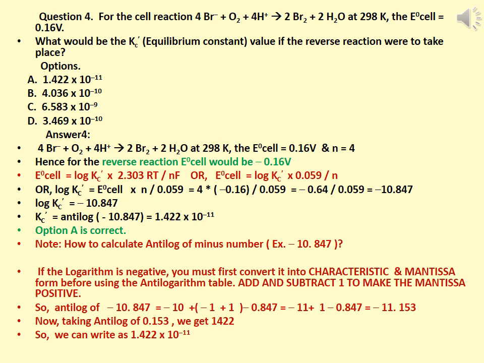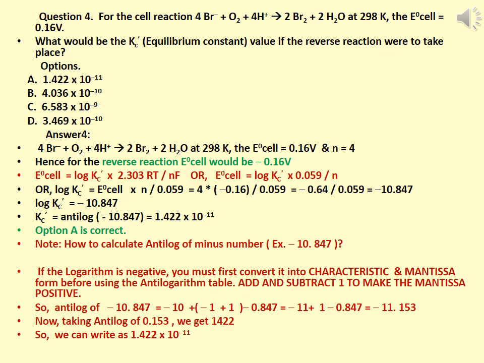Substituting the value of R as 8.314 joules per Kelvin per mole, temperature 298 Kelvin, divided by F, 96,500 coulombs, we get it as 0.059 divided by n.